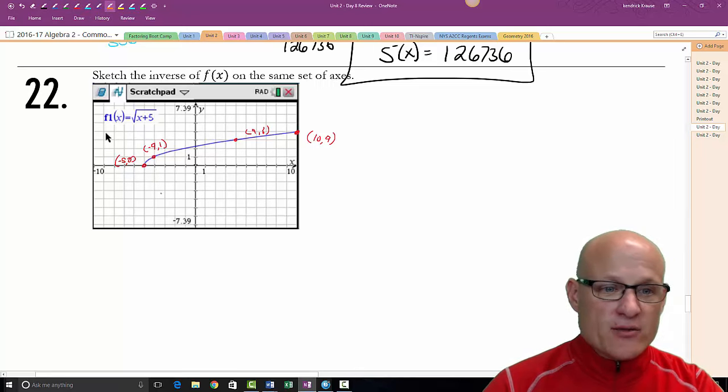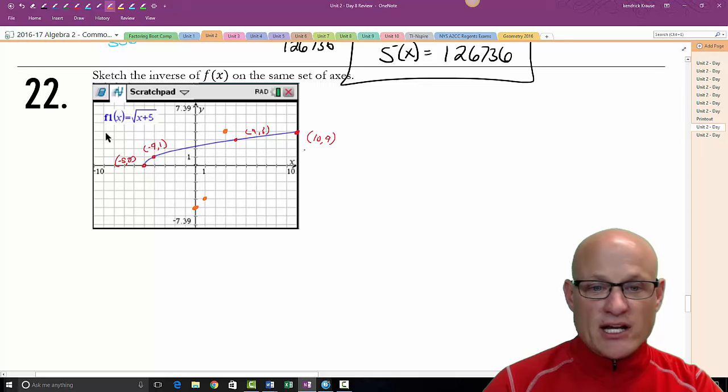I'll do it in orange. The reciprocal, so 0, negative 5. That point. 1, negative 4. That point. And that point. And the last one, I'm not going to get. So 4, 10, and then 10 is up here.